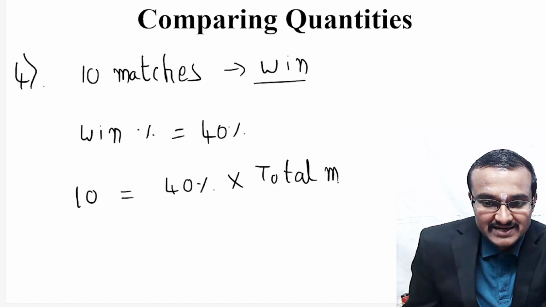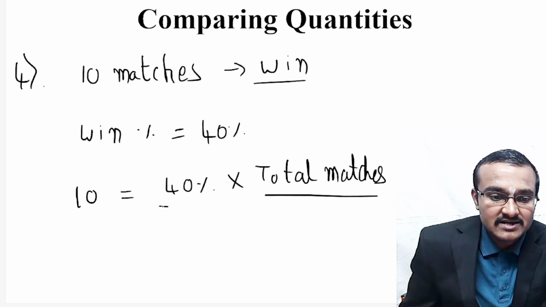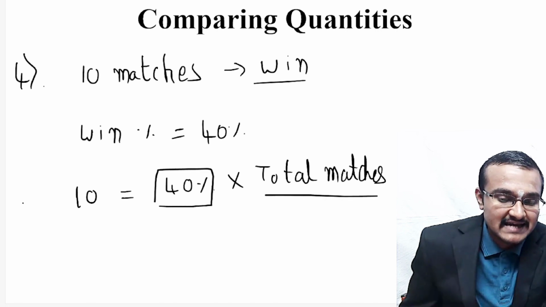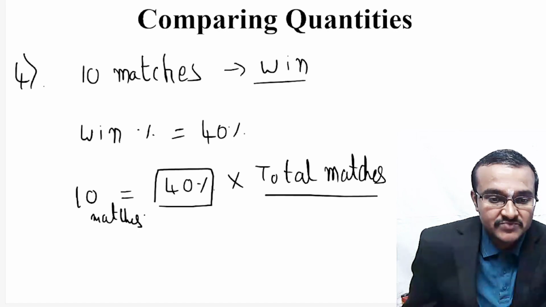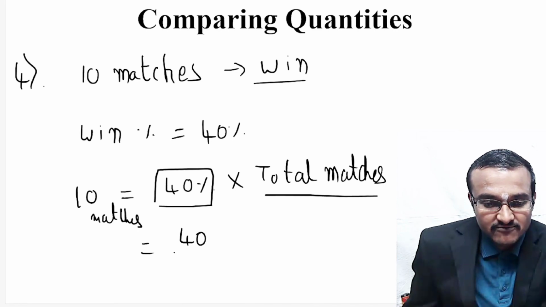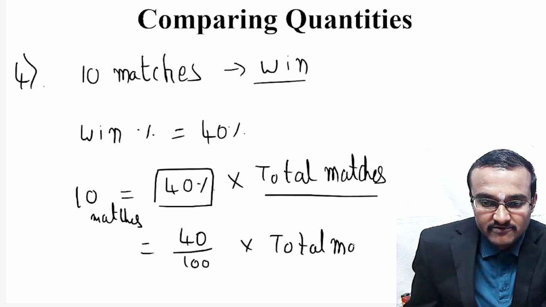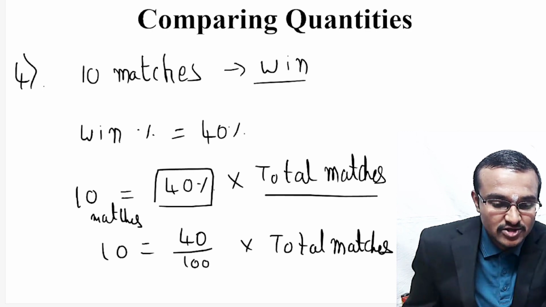When you take 40% of the total matches which they have played, that will be equal to 10 matches. So what is 40%? 40% is 40 by 100. So 40 by 100 into total matches is equal to 10 matches.